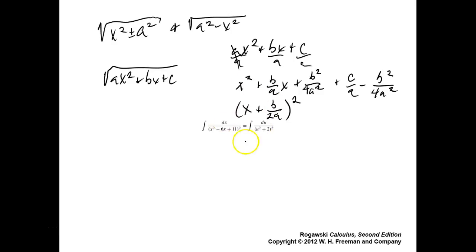It produces a perfect square, x plus b over 2a squared, plus, and if you put this over least common denominator, that would be 4a squared, 4ca minus b squared over 4a squared. Now, you don't have to do that last step, but it just makes it a little easier to deal with.